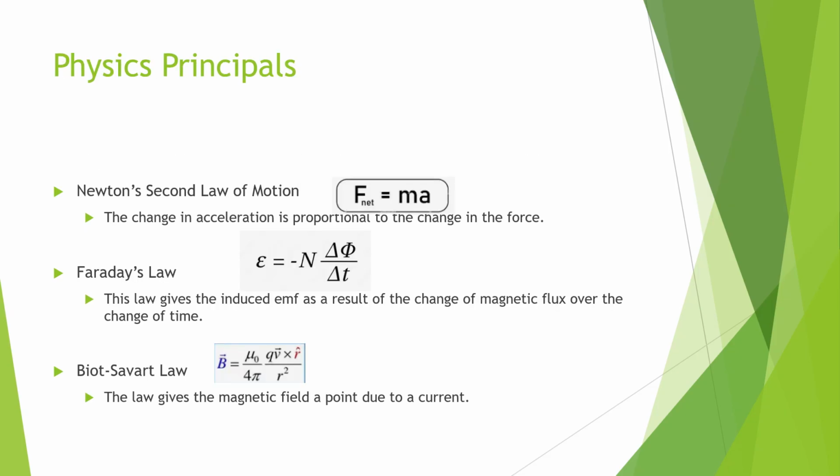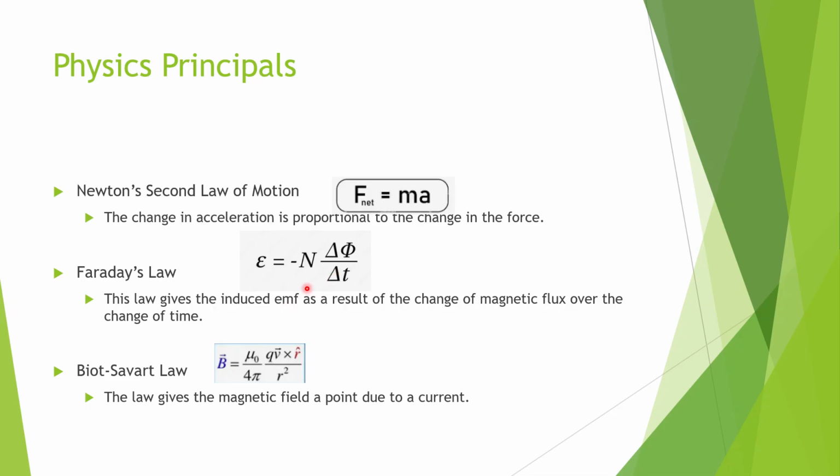The physics principles used in this lab were Newton's second law of motion, which gives the change in acceleration, and this change is proportional to the change in the force, and that is this formula here. There was Faraday's law, which gives the induced EMF as a result of the change of magnetic flux over the change of time.